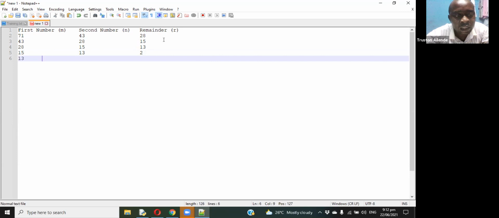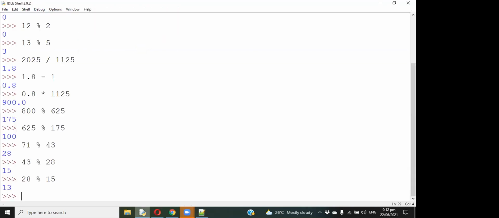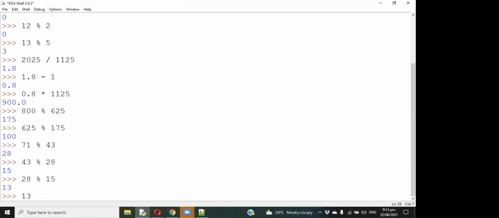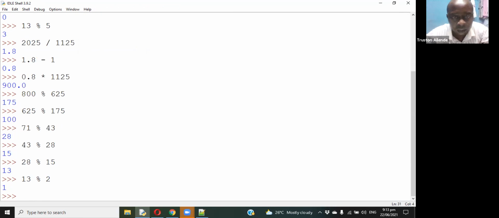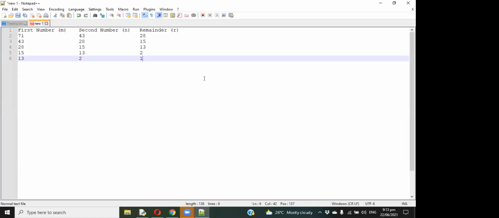13 modulus 2 is 1. Then 2 modulus 1 is 0.